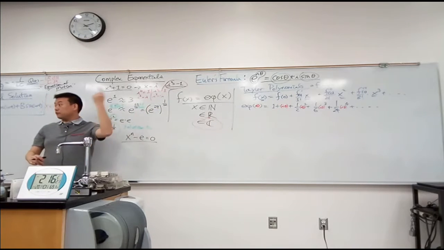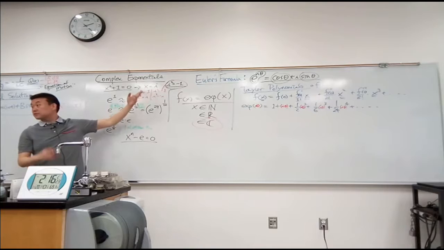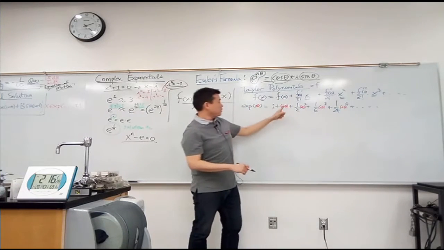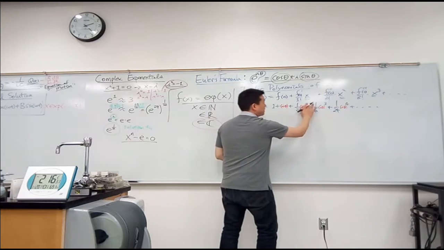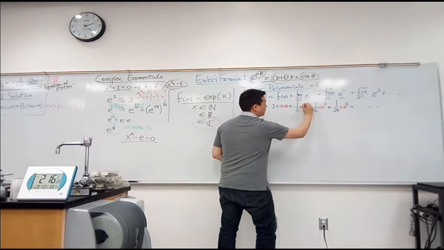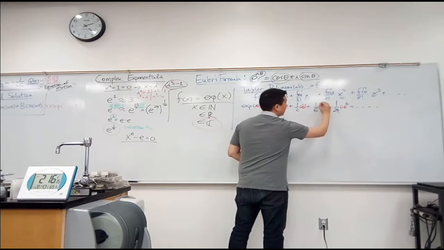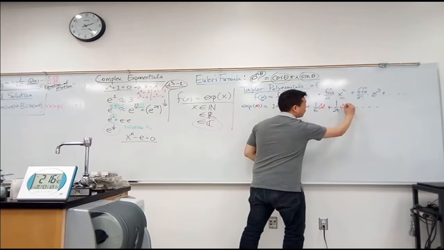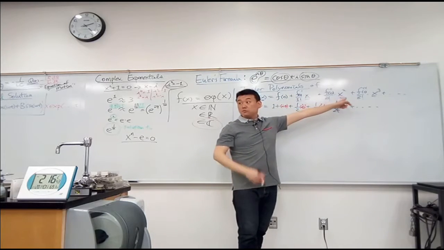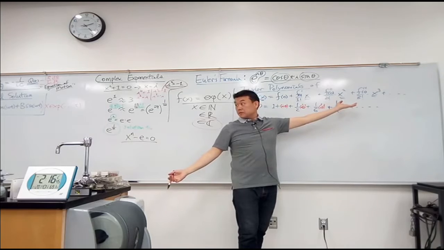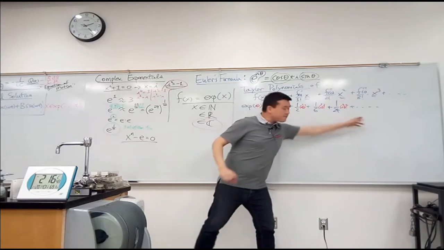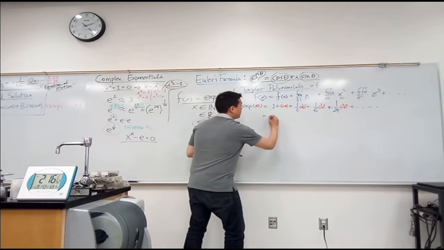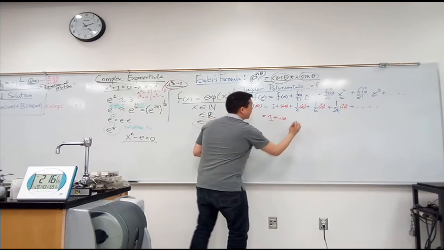And then i to the power of 4 becomes 1 again, and so on. So when you imagine expanding this out, you have i to the power of 1, then i squared times theta squared, i cubed times theta cubed. By the time you come around to the 4th order, this i to the 4th power will simply become 1 again. So when you write out all these terms, this is what you get: 1 plus i theta.